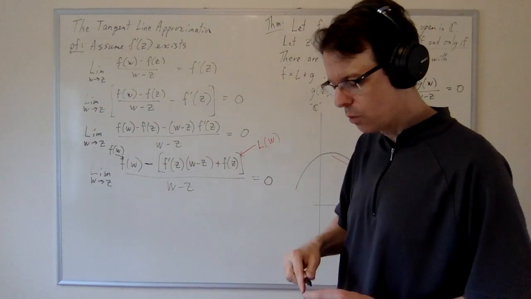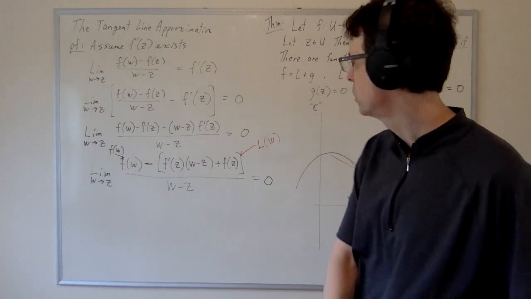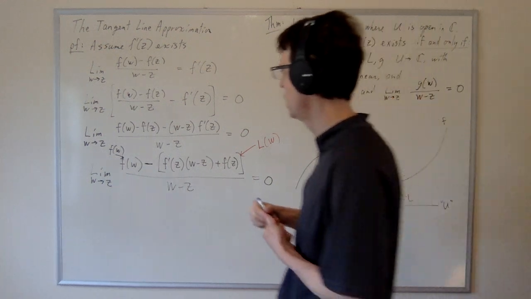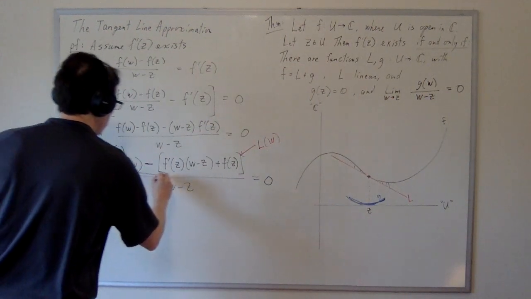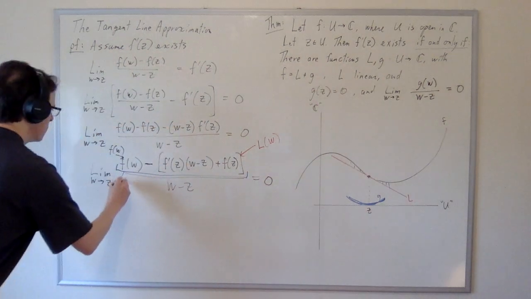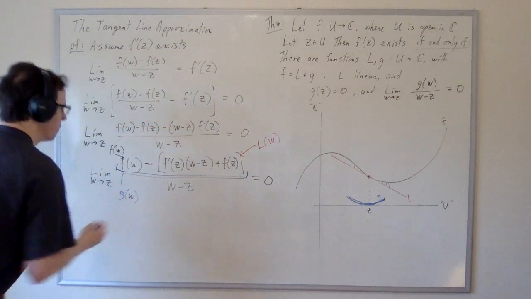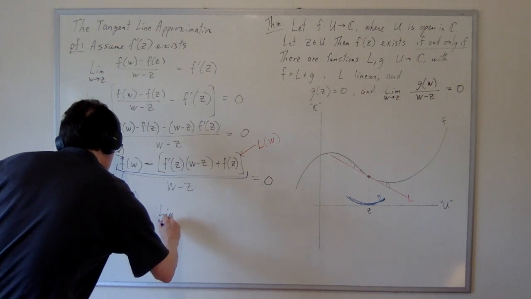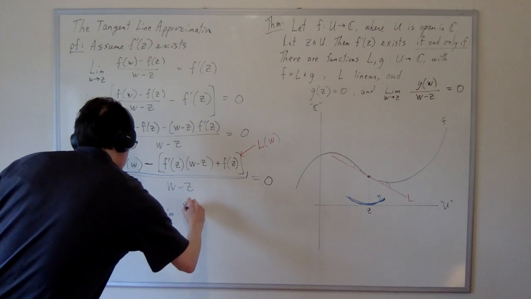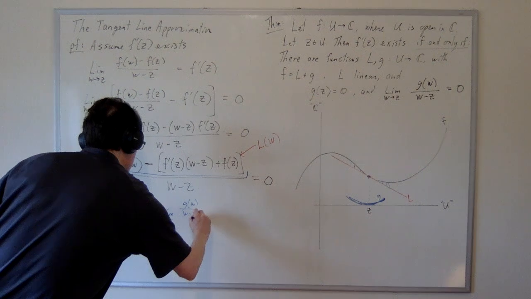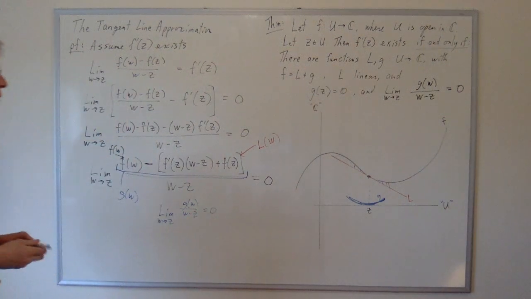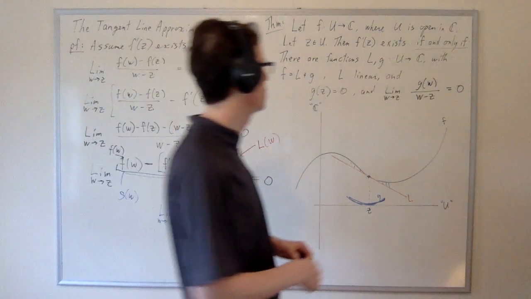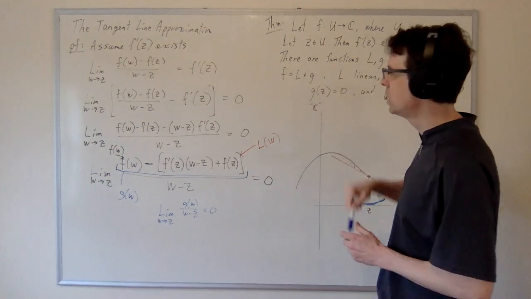So the entire numerator of this fraction is now the function g of w, right? So this entire thing is the function g of w. And we have then shown that the limit as w approaches z of g of w over w minus z is equal to 0. There's only one thing left to show, which is that g of z itself is 0.